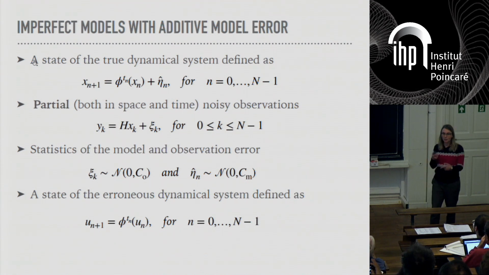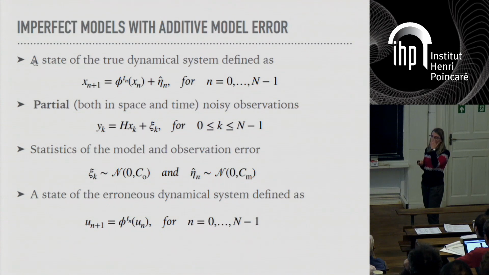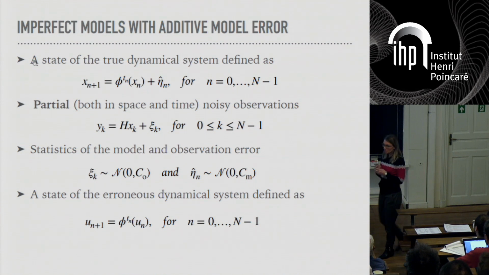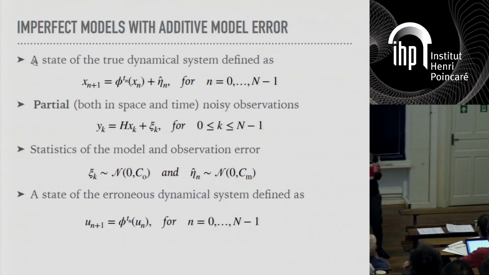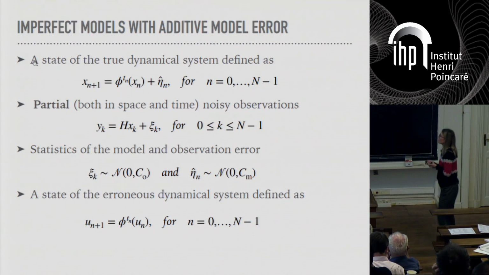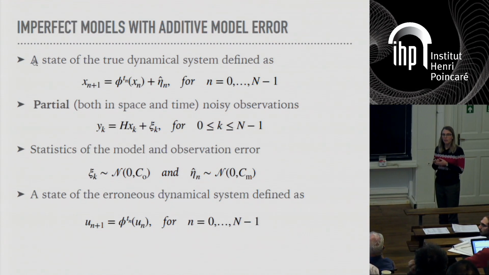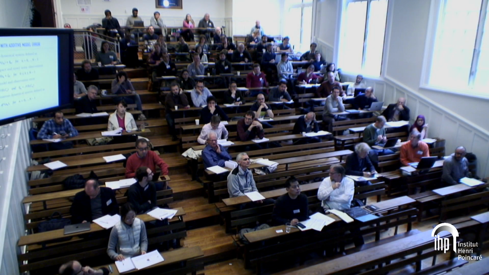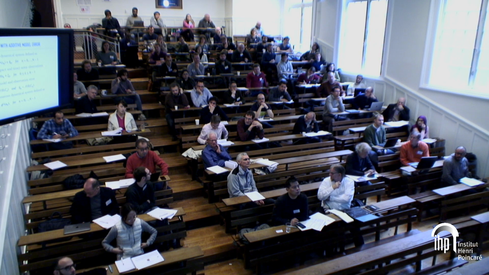Typically it's the other way around: people consider that the true system is deterministic and the imperfect model is stochastic. We do it the other way around. The main reason is that the shadowing lemma is known for deterministic systems, but there is no shadowing lemma for stochastic systems. The correct way of thinking about it is that the true one is stochastically perturbed. What happens in your computer is deterministic.